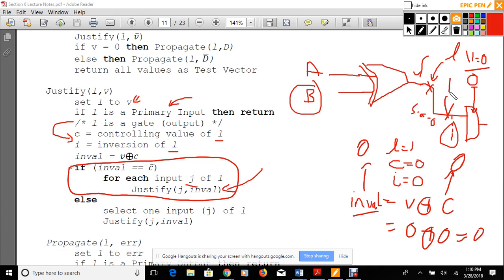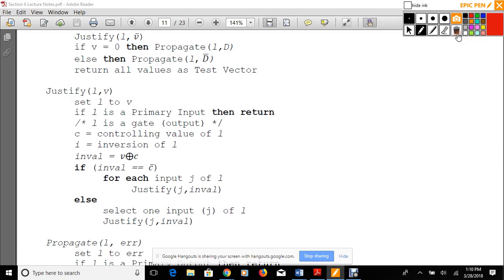If this was an OR gate, then it would end up working because the controlling value of L would be 1. So in that case, if it was an OR gate, we would have stuck at 0, and the controlling value is equal to 1. The inversion of L, we set L to V, remember, is stuck at 0, so V is equal to 1. So this means this is now equal to 0.